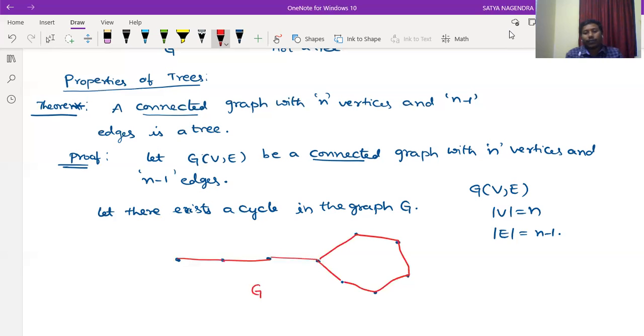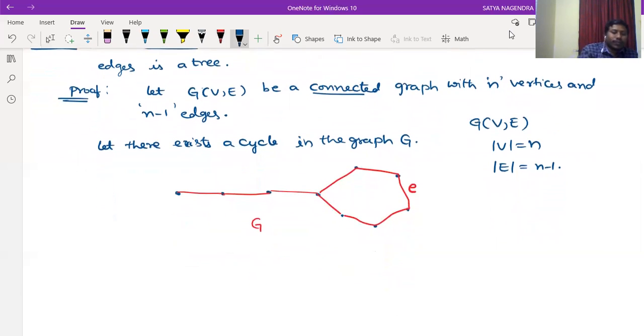Here we are taking n vertices and n minus 1 edges actually. So here I am considering an edge e in this graph. So consider an edge e. If you delete the edge e from the graph G, I'm taking the new graph G dash by deleting the edge e from G. So if you delete this edge, then how will it be?